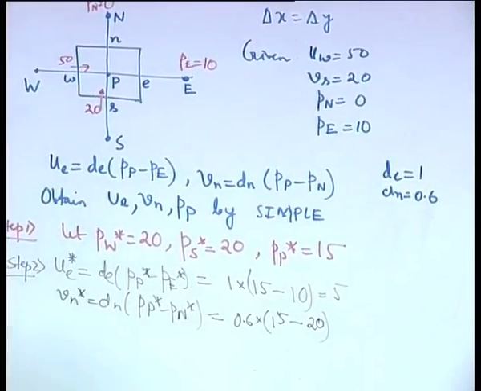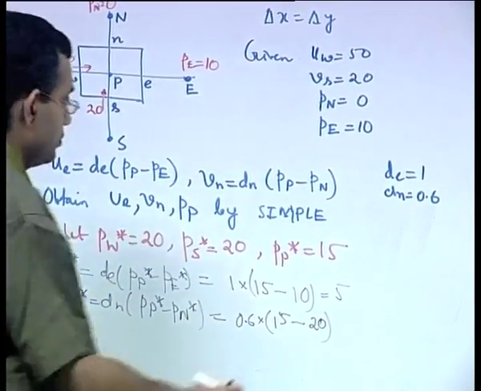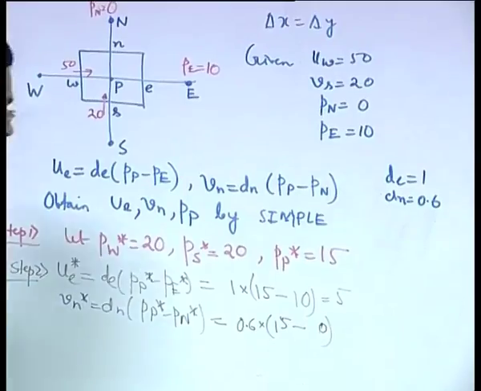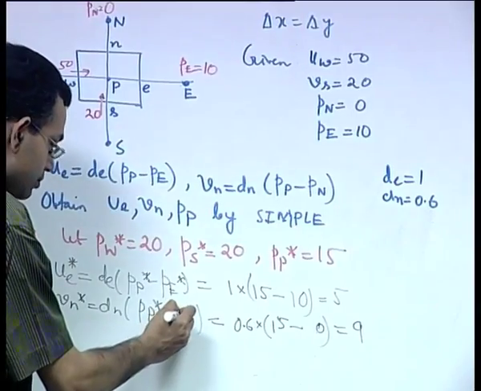Sorry, Pn star is 0. So, that is equal to 9. This is Vn star.